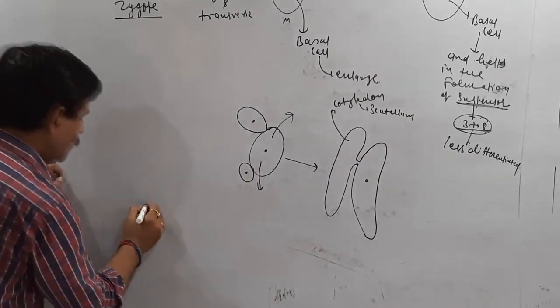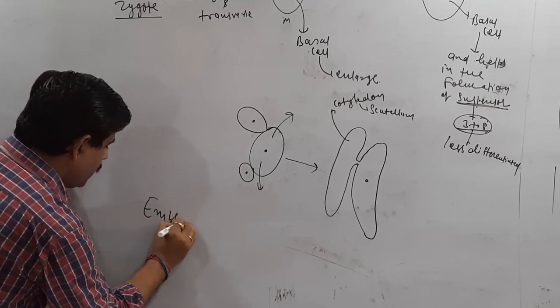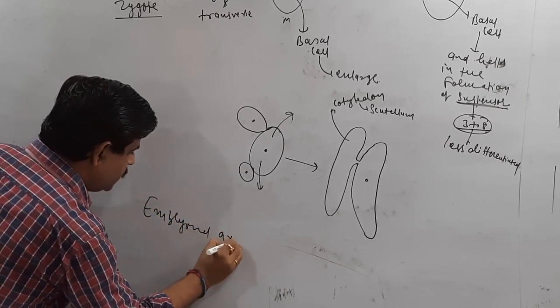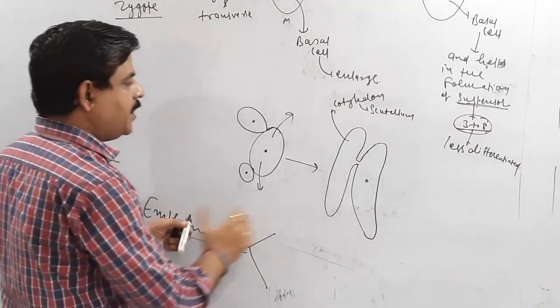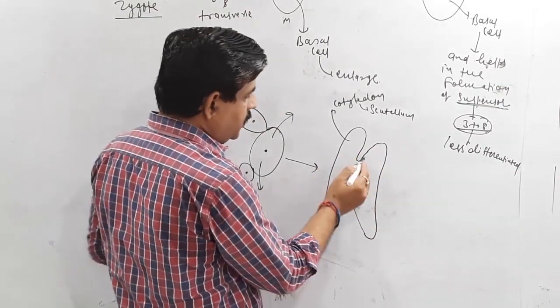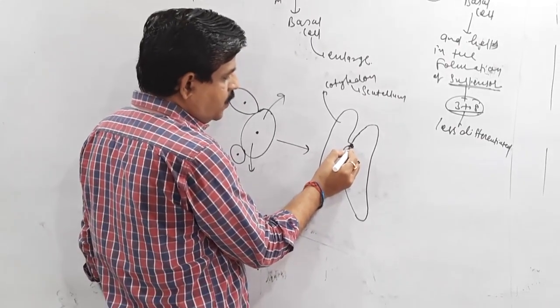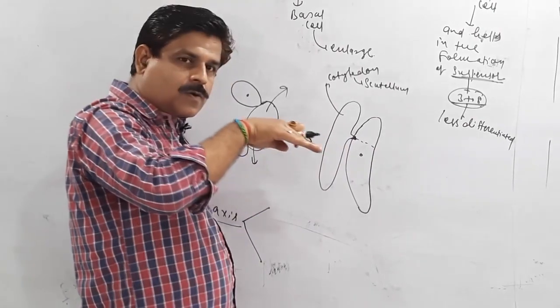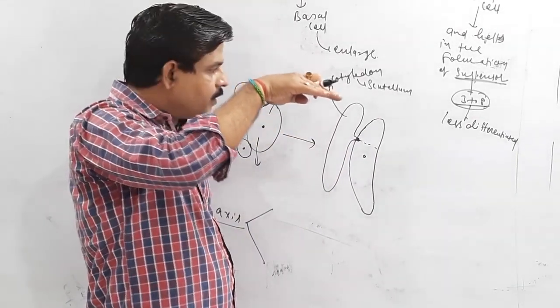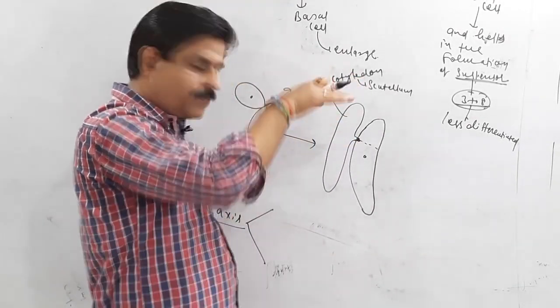Now the embryonal axis has two parts. You consider this as a cotyledonary node. Above the cotyledonary node is the epicotyl.